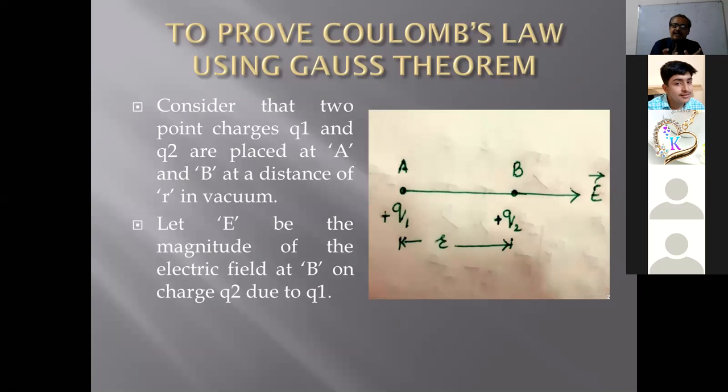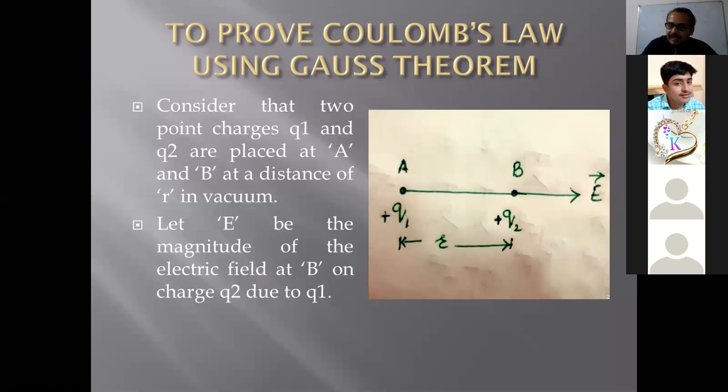So for that, what did we do first? We have considered 2 points A and B where we are placing the two positive charges Q1 and Q2 at a distance of R in the vacuum. Now, if E is the electric field intensity, then obviously because these two charges are like charges, there will be a force of repulsion and the direction will be along AB extended.